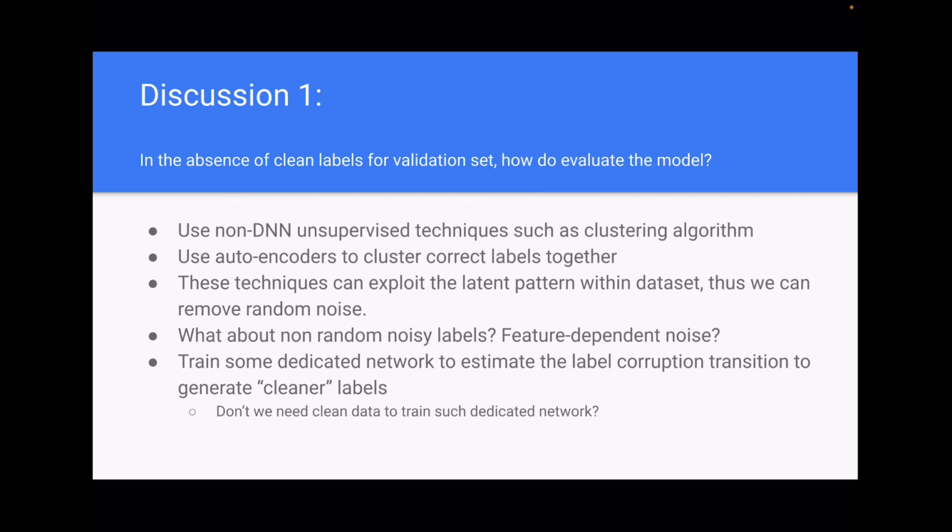According to the survey, we could train some dedicated noise network to estimate the label corruption transition matrix to generate cleaner labels. So that could be an option, but then another problem could be, what if we don't have any clean data to train such a dedicated noise network? So this is an open topic for discussion. We would like to hear what you think about that.